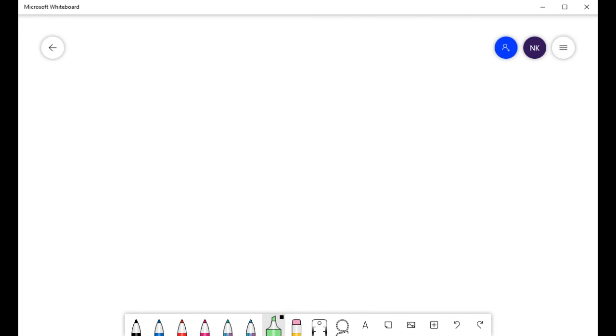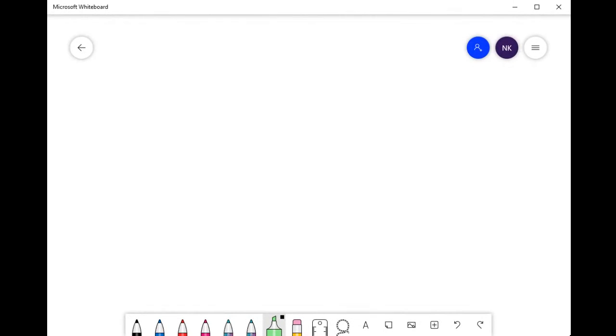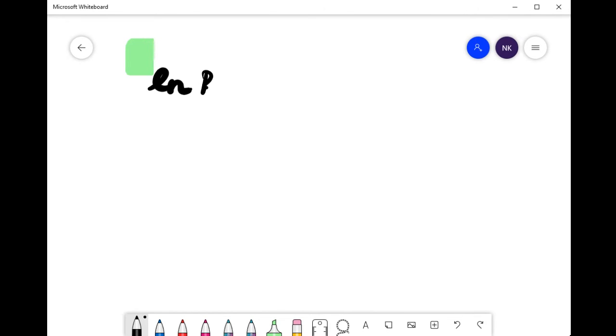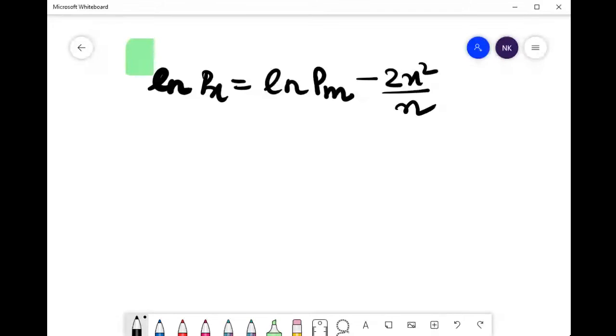px is log of px equal to log of pm minus 2x square upon n.